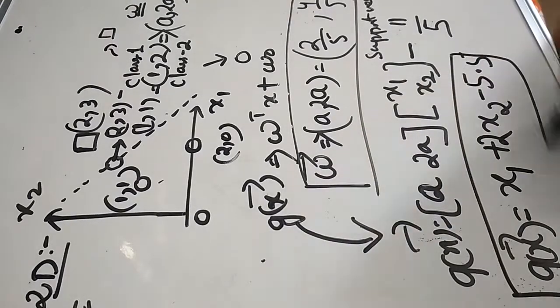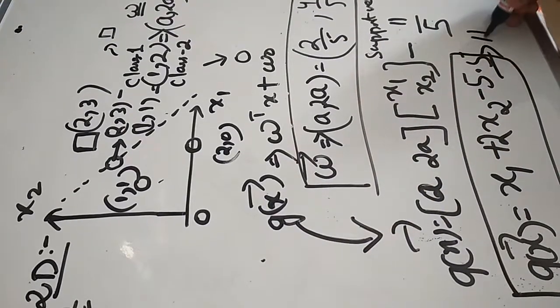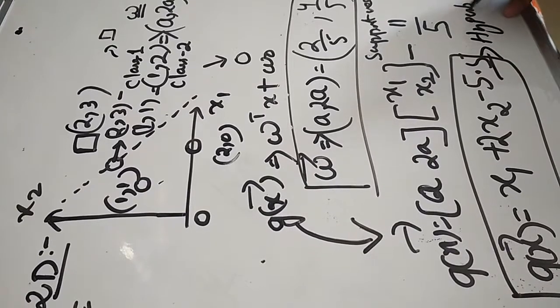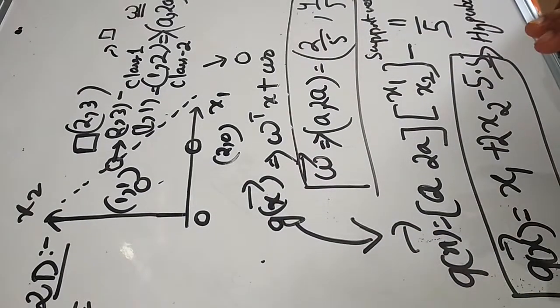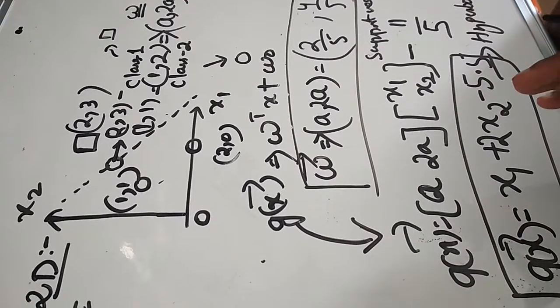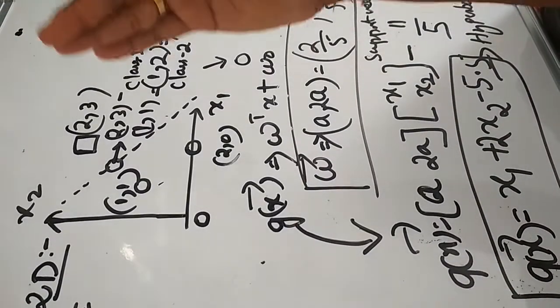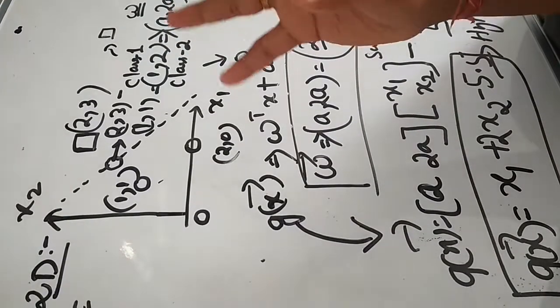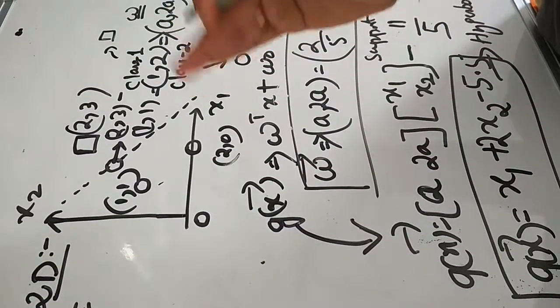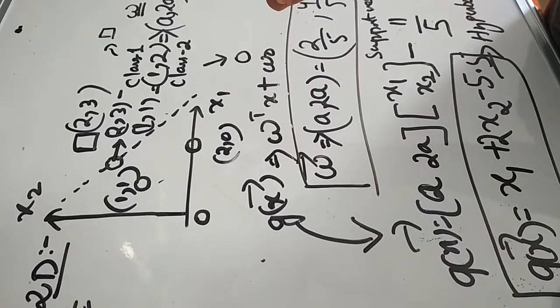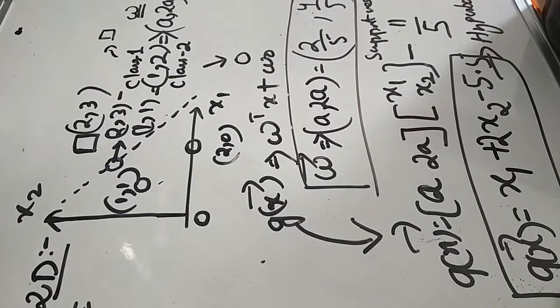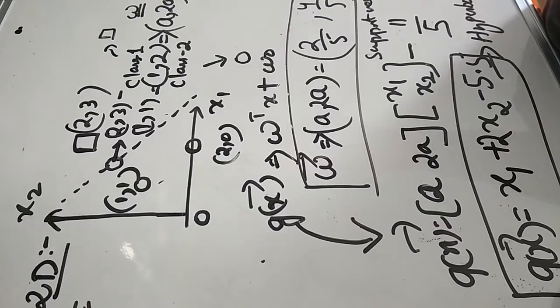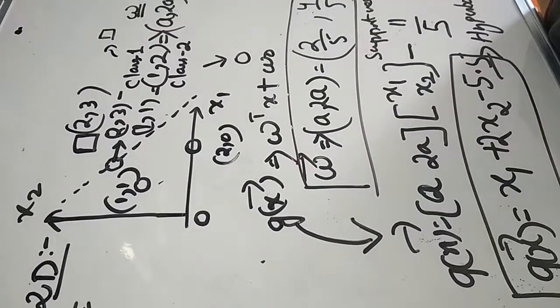So this is the final equation of the hyperplane. This equation is perfectly set in this graph, so that we get a good maximum separation between the two binary sets. So these are the basics of support vector machine.